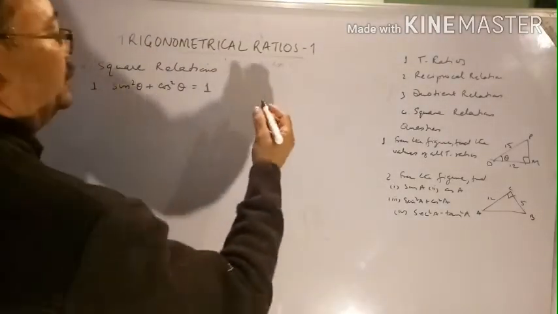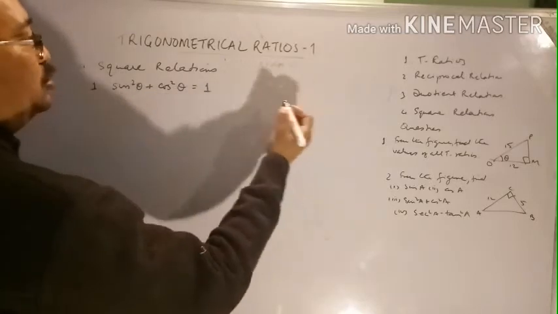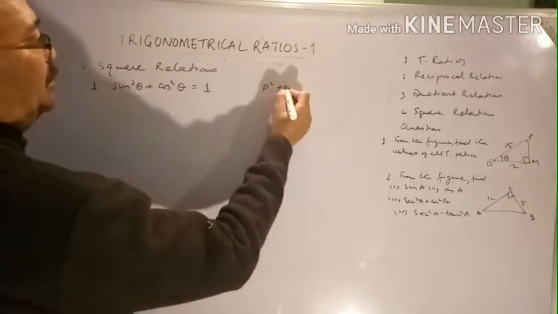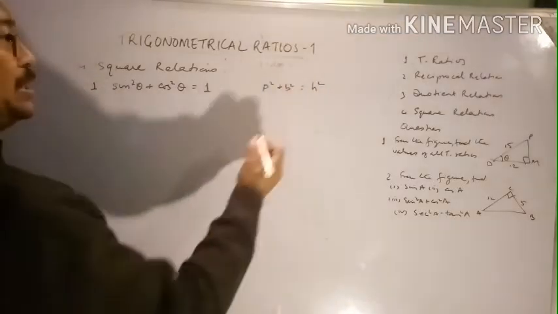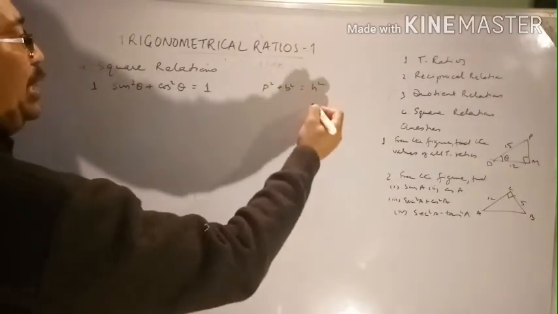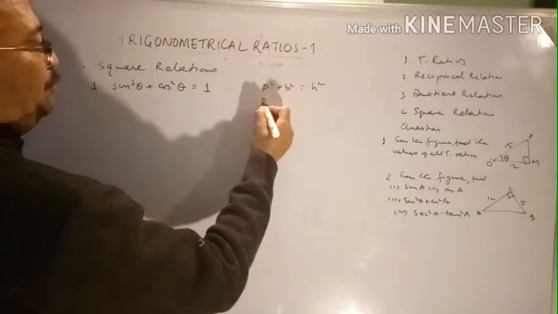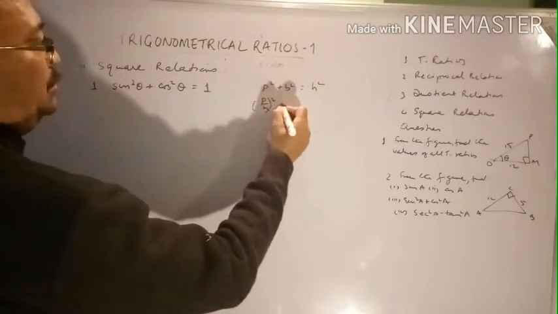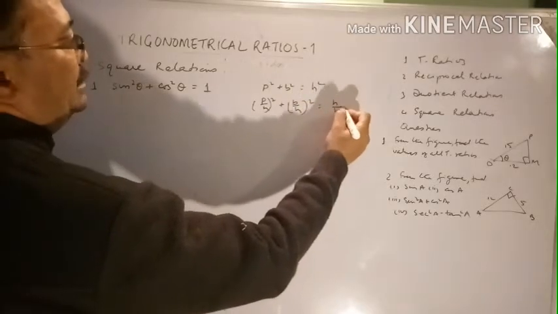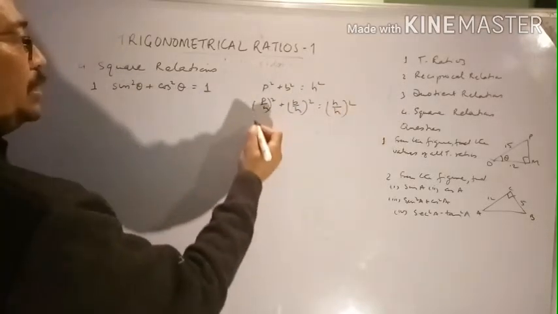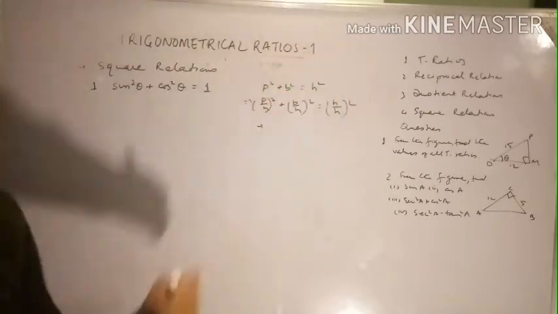In a right angle triangle, p square plus b square equal to h square. If you divide both sides by h square, we get p by h whole square plus b by h whole square equal to h by h whole square.